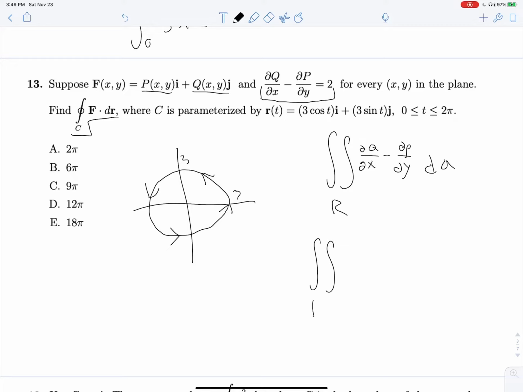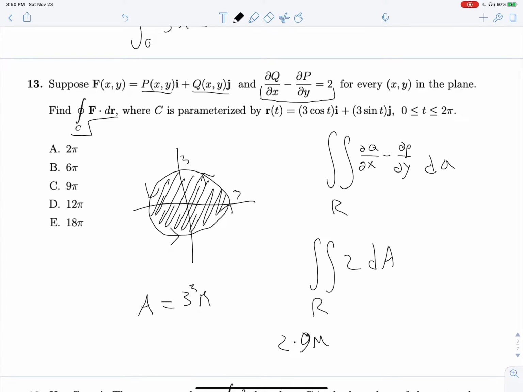So now we have the double integral over r of 2 dA. And we could do a polar integral here, but we could also just say, okay, we know that the area of a circle with radius 3 is going to be 3 squared pi, and that's just 9 pi, and so we can express this as 2 times 9 pi, or just 18 pi, and we're done.